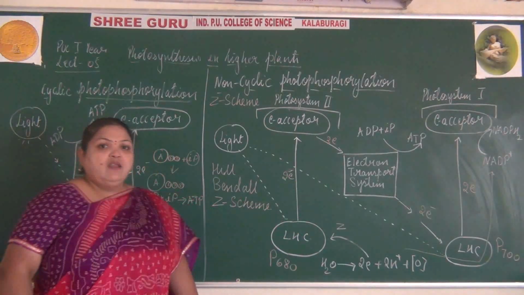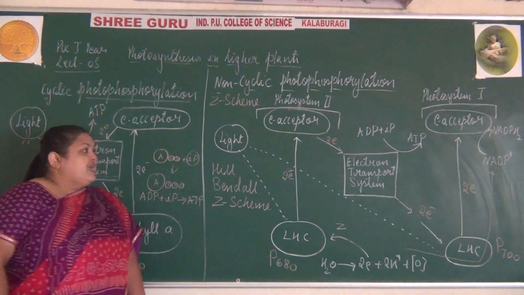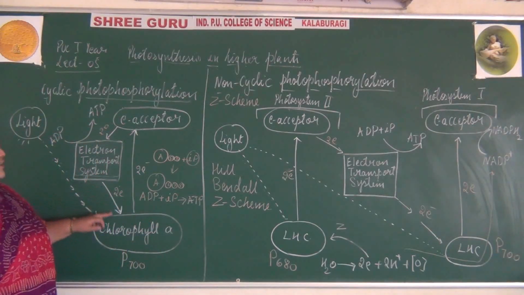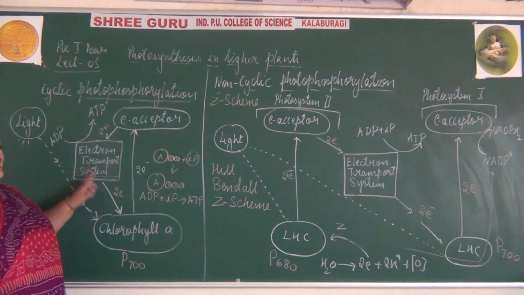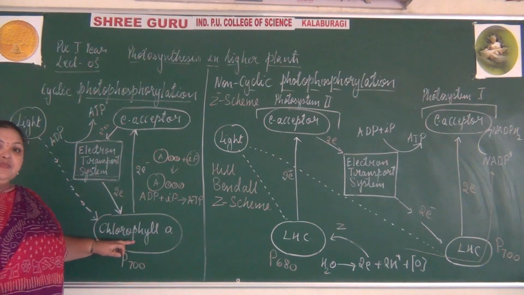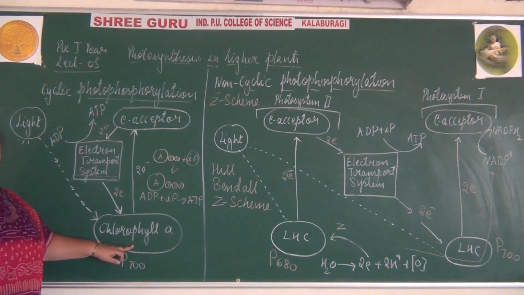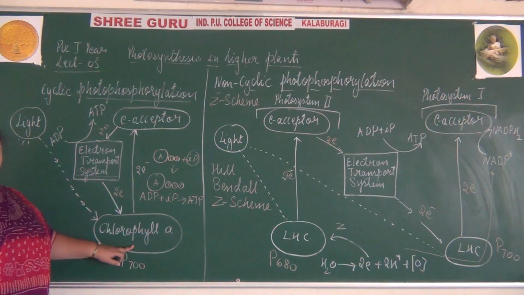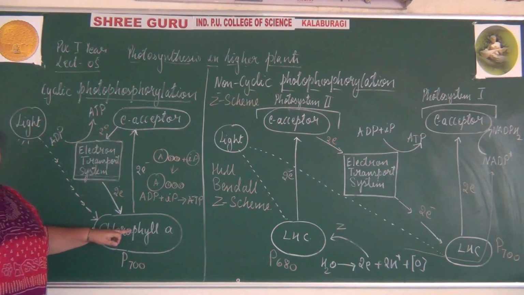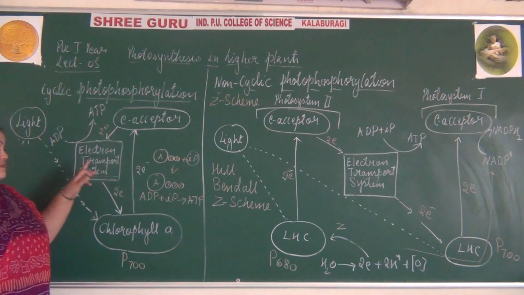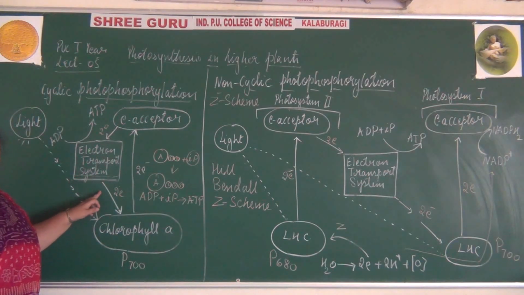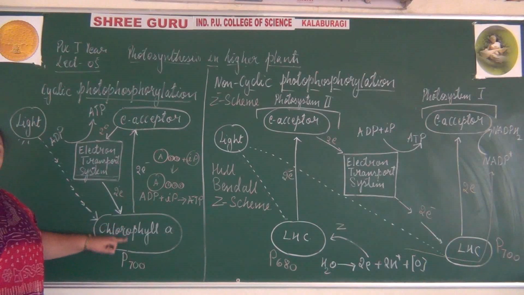Then second, the movement of electrons is cyclic and the electrons reach back to the photosystem.